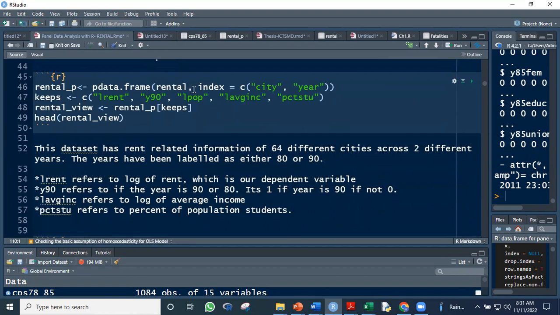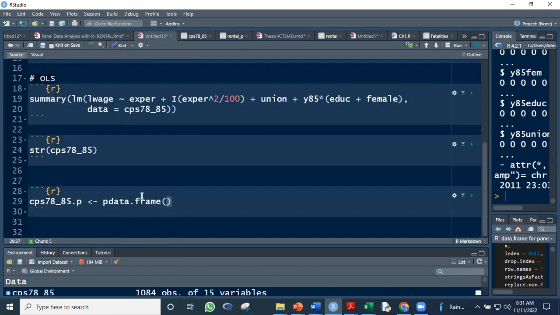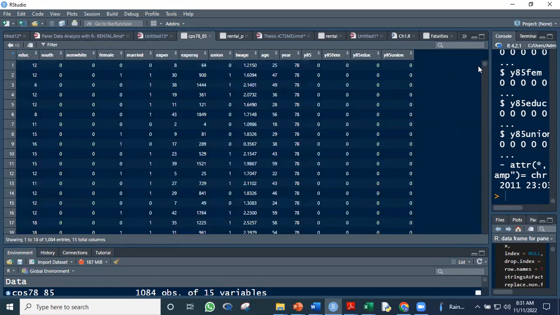The data and then our index. Let me just copy this, Control C. So this is CPS78_85. Okay, what's our index?